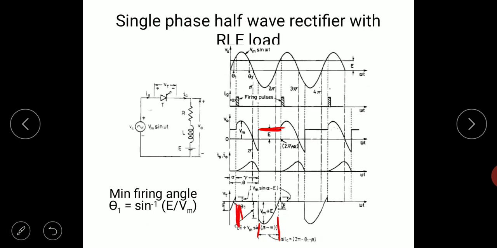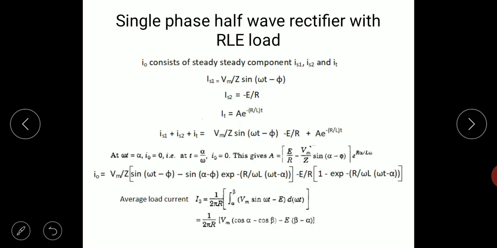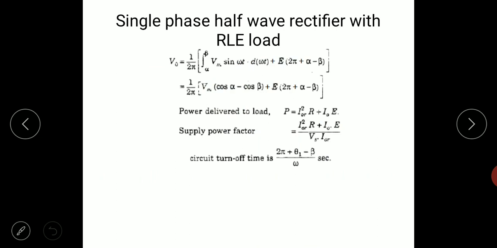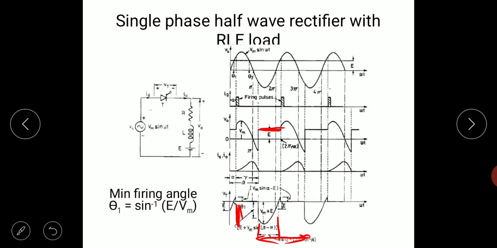We will come back to this angle. Let us say this angle is theta 1. So if the total is 2 pi, then 2 pi minus beta plus theta 1. You can see that the circuit turn-off time is written here as 2 pi minus beta plus theta 1. This is the circuit turn-off time.